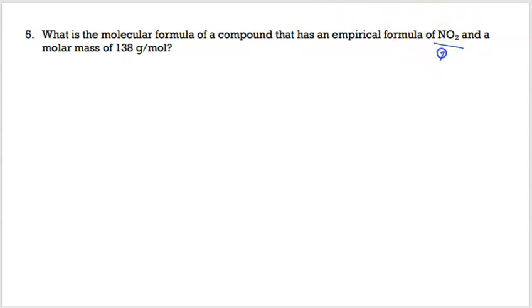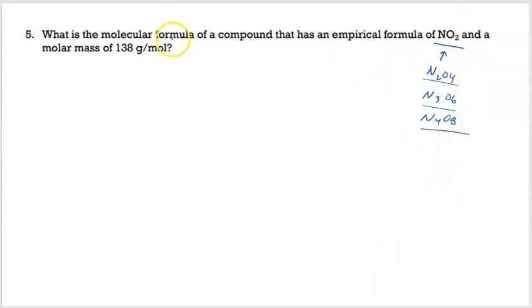In the case of NO2, that just means for every 1 nitrogen there are 2 oxygens, but that could emerge as NO2 or N2O4 or N3O6 or N4O8. There are lots of ways we can end up with that ratio of 1 to 2. We need to figure out which it is, or is it even a higher number? So we'll figure that out.